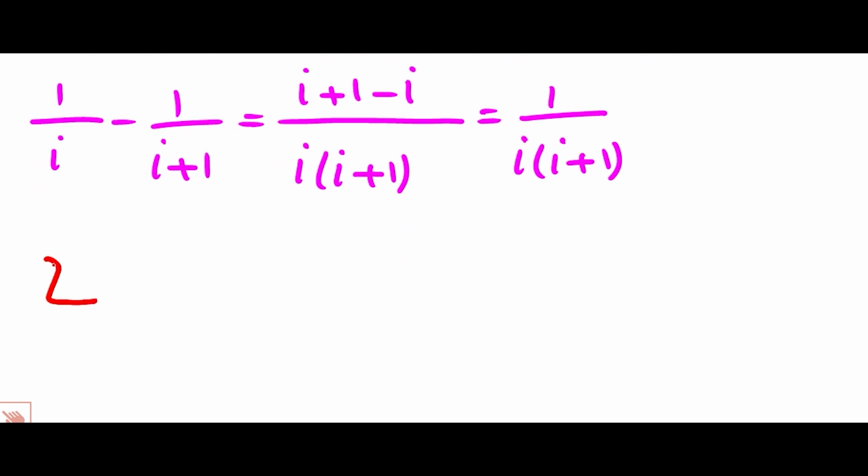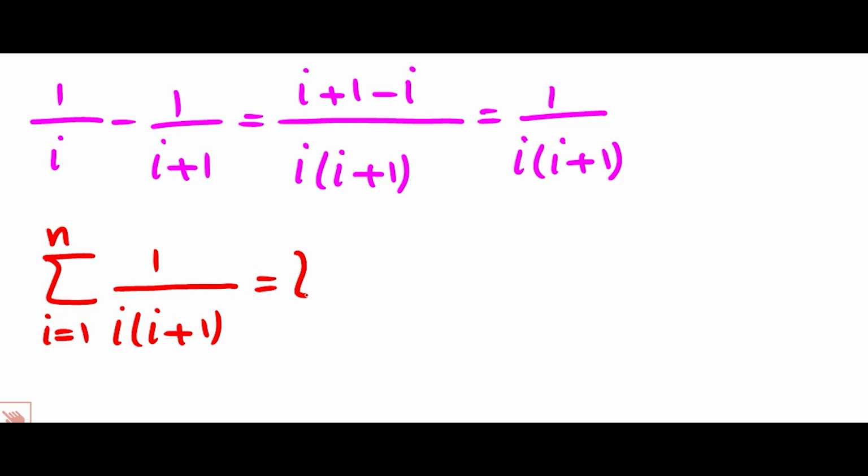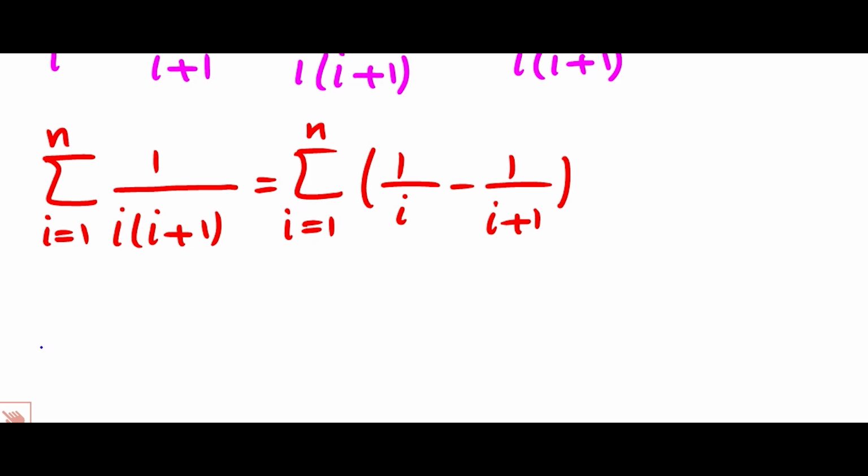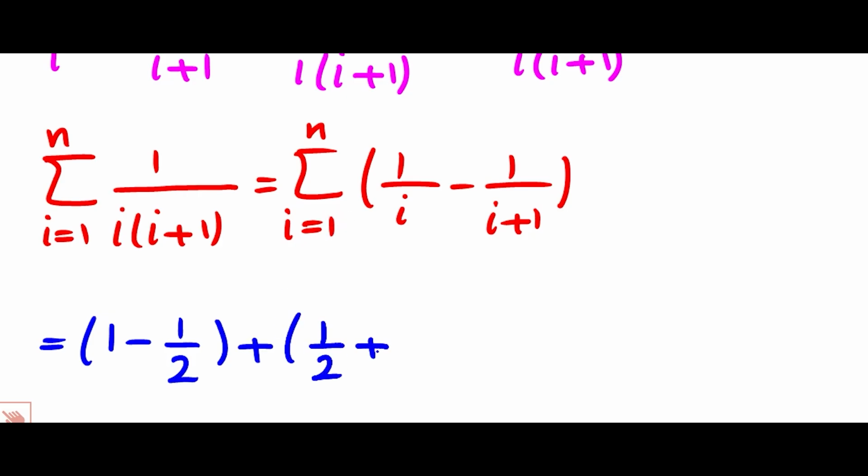So the sum of 1 over i times (i+1) from i equals 1 to n equals the sum of 1 over i minus 1 over (i+1) from i equals 1 to n. Now expand. When i equals 1, we have 1 minus 1 half, plus, when i equals 2, we have 1 half minus 1 over 3.